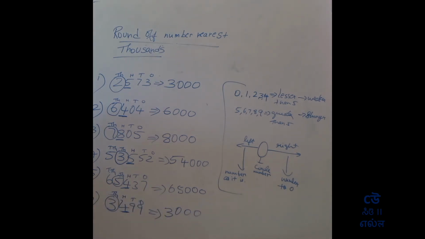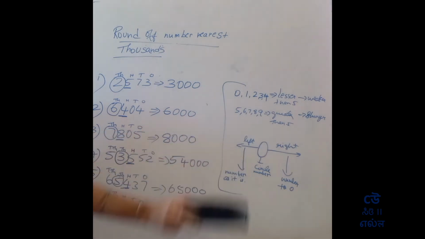Okay children, got it? How to do? First step, you have to write the place values. Next, consider the right side value of the place value number and see if it is less than 5 or greater than 5. If it is less than 5, we call it a weaker number, and if it is greater than 5, we call it a stronger number.